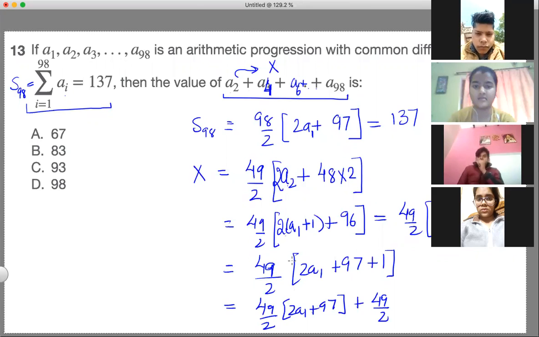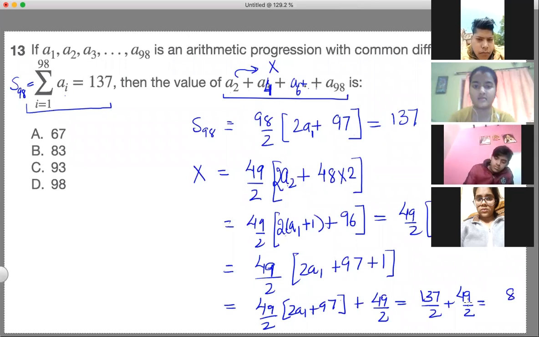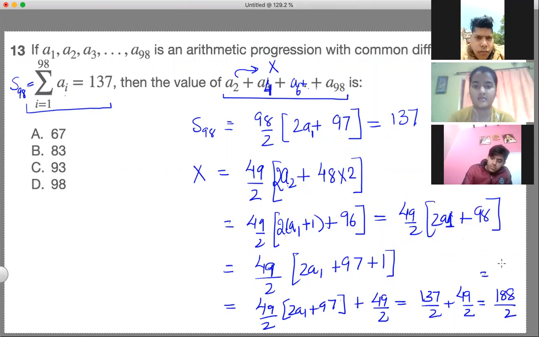Okay. So what is this now? Look at this. This is 98 by 2 into 2a1 plus 97 is equal to 137. Let's divide both sides by 2. We will get 137 by 2, which is this term. So we can write it as 137 by 2 plus 49 by 2, which is 8, and 1 by 2, which is equal to 94.